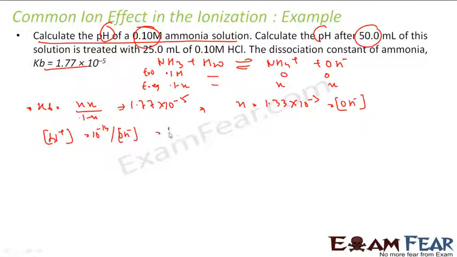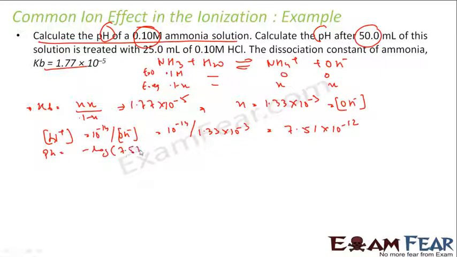So it becomes 10 to the power minus 14 by 1.33 into 10 to the power minus 3, which is nothing but 7.51 into 10 to the power minus 12. So pH will be minus log of 7.51 into 10 to the power minus 12, that is 11.12. This is my initial pH. This is my first part.